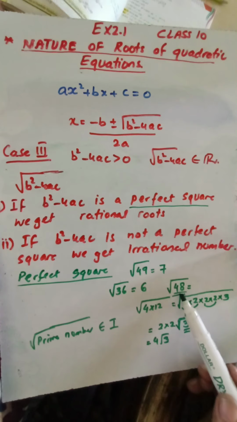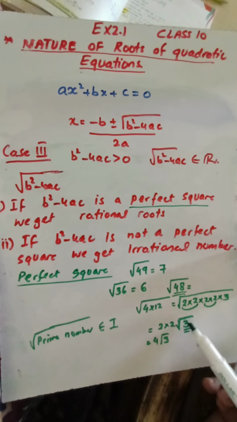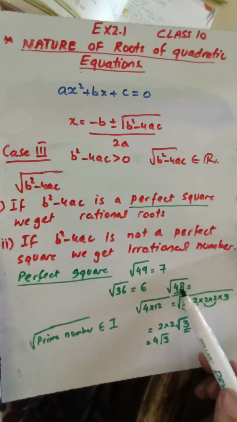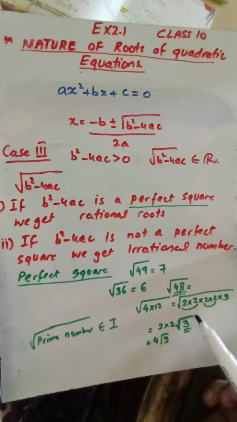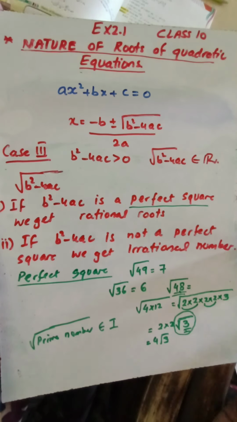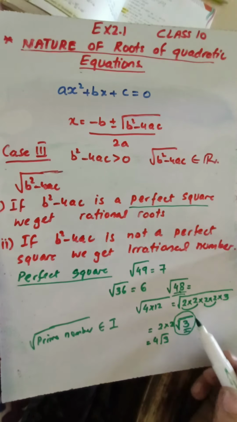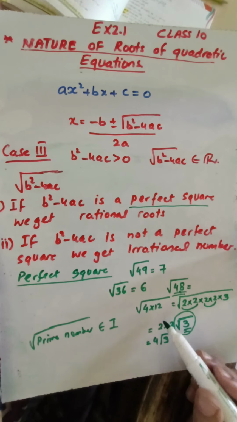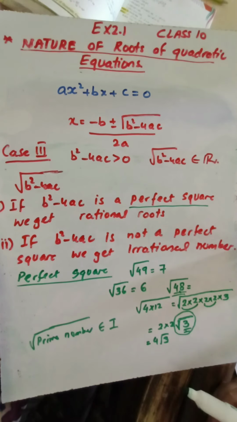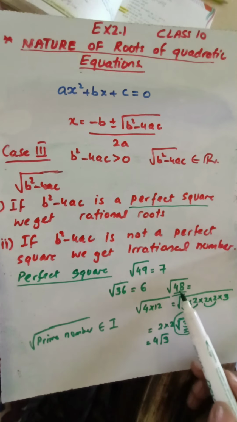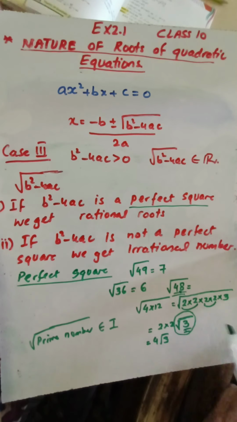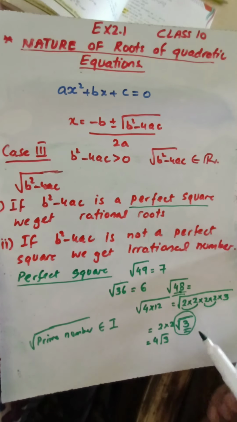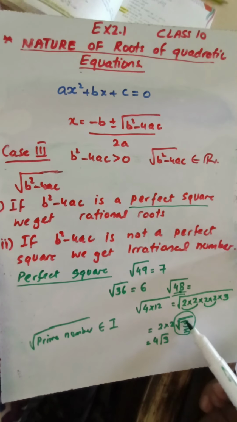If it was a perfect square, then nothing would have been left under the radical sign. But if it is not a perfect square, there is always a prime number under the radical sign, which you will not be able to remove from there. So whenever a number is not a perfect square, we are always left with a prime number under the radical sign at the end.